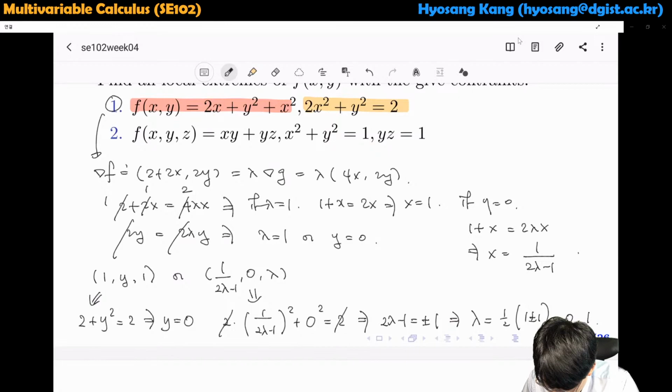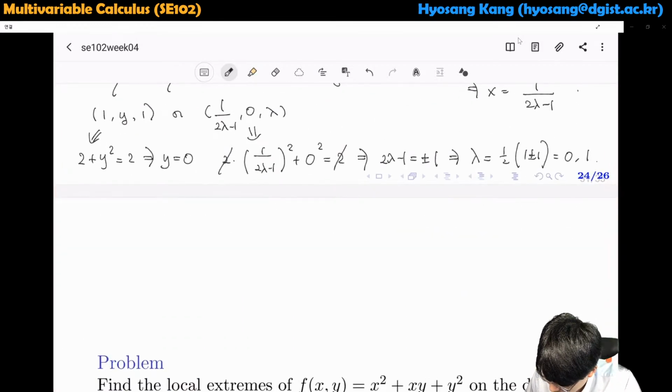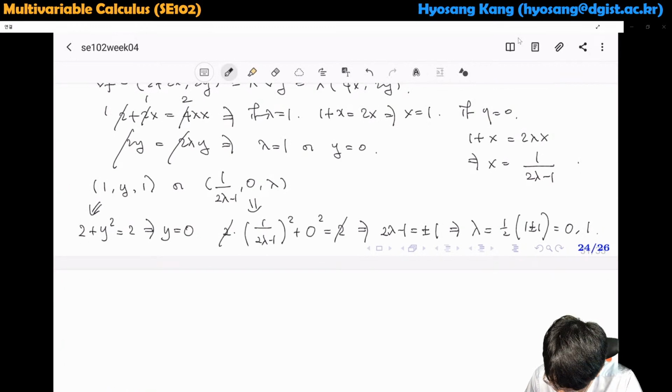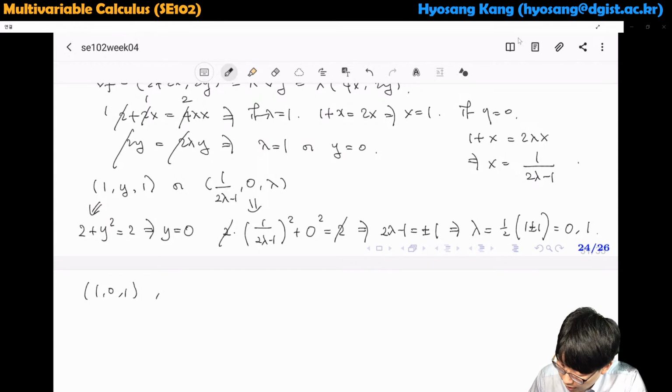Both make sense, right? So what we have here, let me keep writing here. We have (1, 0), with lambda 1, as one possible candidate for local extremum. And the other candidate is when lambda is 0, we have (-1, 0).